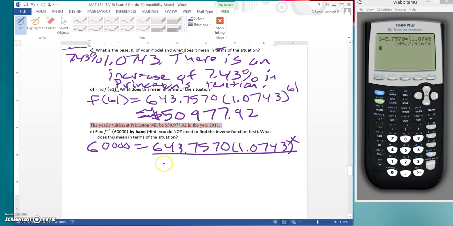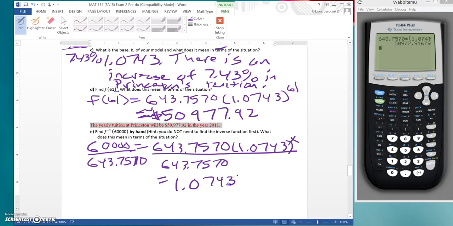We can divide each side by 643.7570. And then on the left side, we will have 1.0743 to the x power.